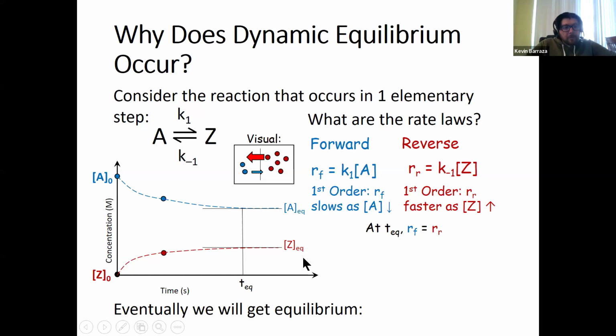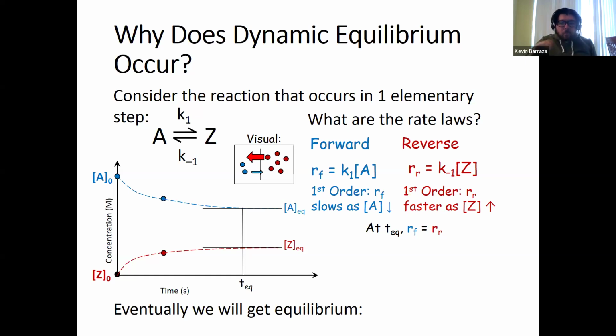We come into balance. So equilibrium is all about balance. What we've shown is that at this balance point, there should be some point in time where the two processes of going forward and backward will eventually balance each other out. The rate of the forward will equal the rate of the reverse. And when that happens, the concentrations will stop changing because they're exactly balancing going forward and going backwards.